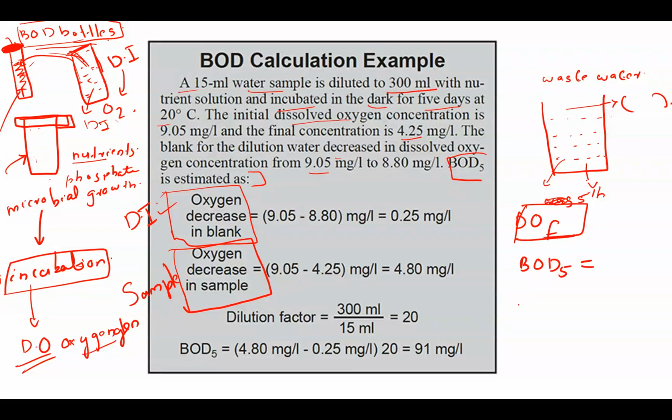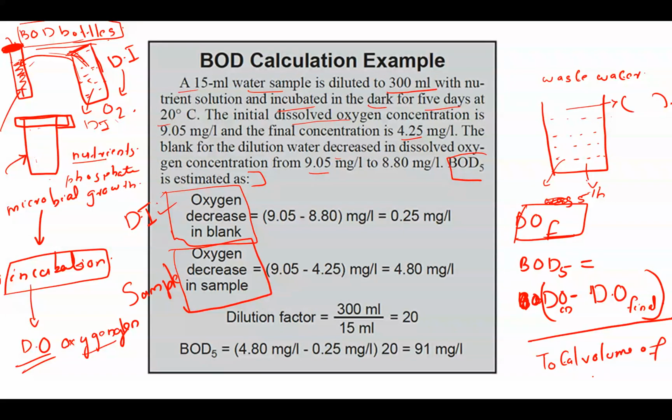Then your BOD5 is equal to the dissolved oxygen initial minus the dissolved oxygen final, divided by the total volume of dilution that you have taken, that is, the volume of the sample.